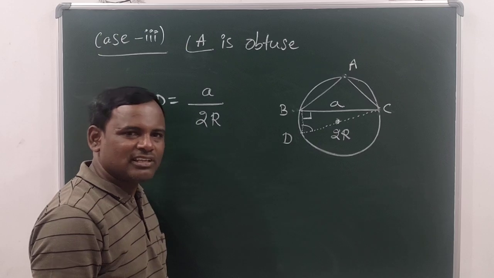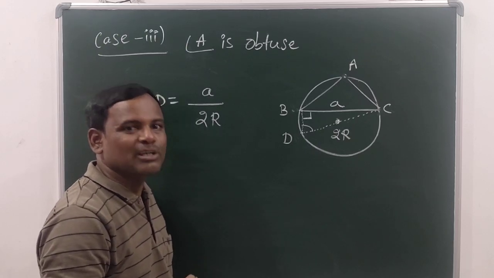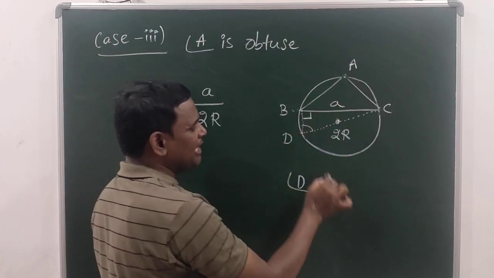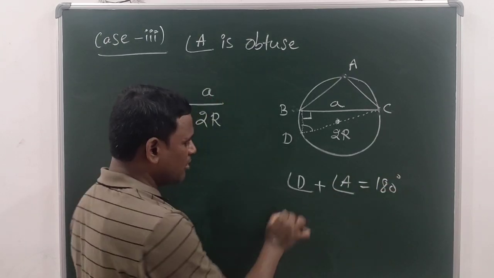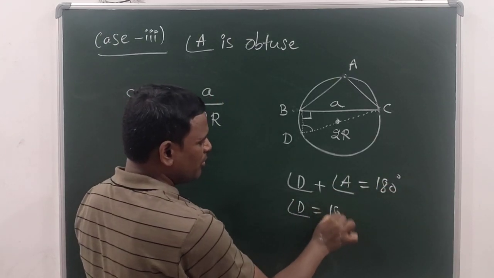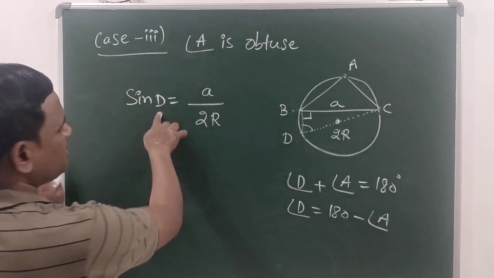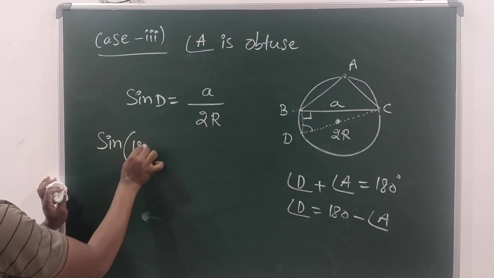As you know, in a cyclic quadrilateral, the sum of the opposite angles is supplementary. Means angle D plus angle A is equal to 180 degrees. Now angle D is equal to 180 degrees minus angle A. Now replace this D by 180 minus A. So what do you get, students, here?